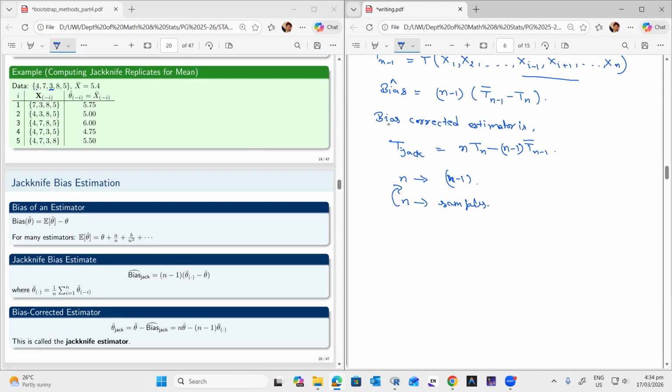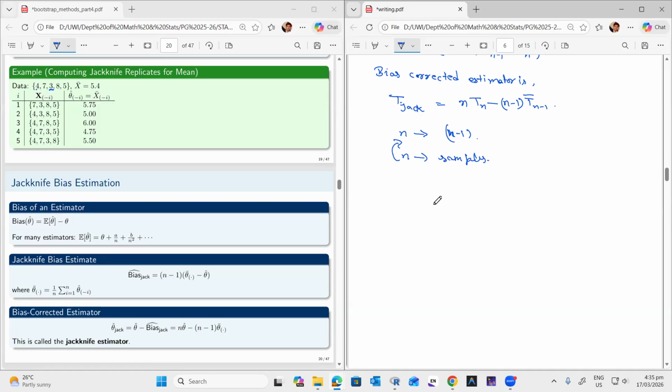So we are going to compute the jackknife bias estimate, that is the expected value of theta cap minus theta. You already know what the bias is; this is the fundamental definition of the bias.